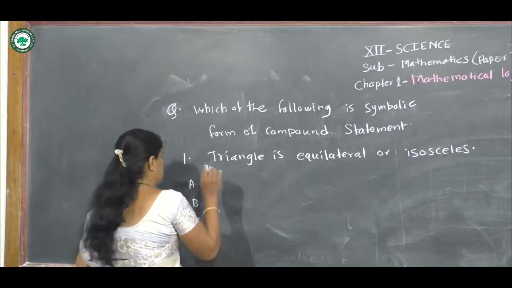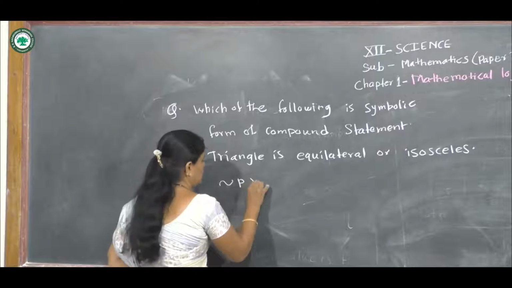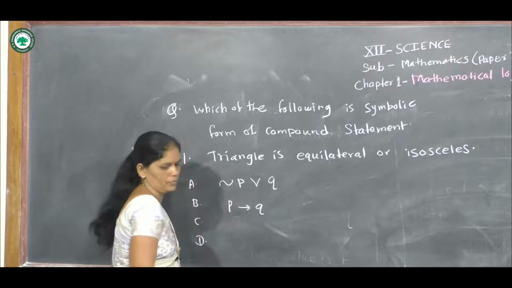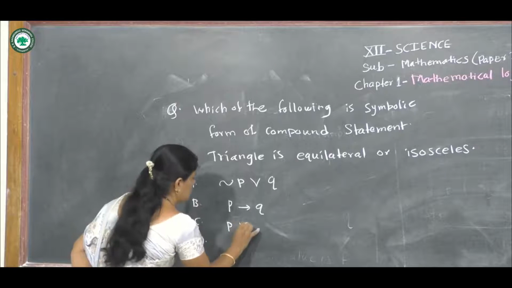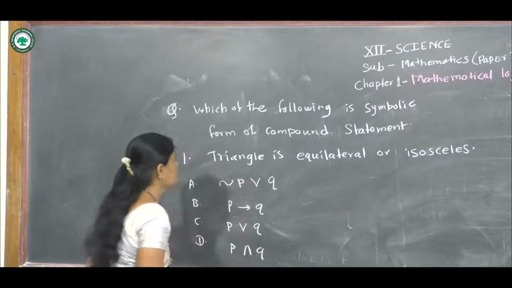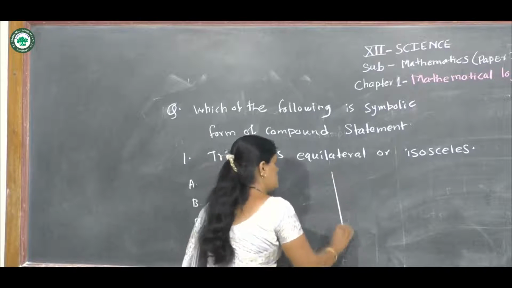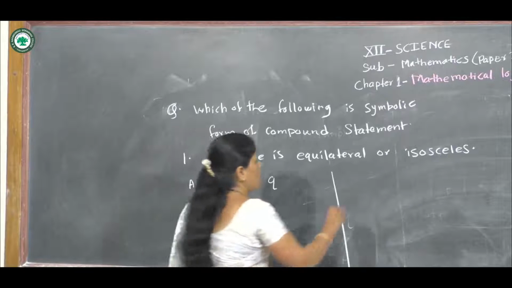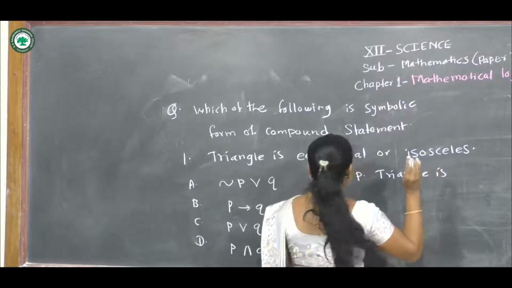The options are: negation of P, P implies Q, P or Q, and P and Q. Let us see this example. Triangle is equilateral or isosceles. P is: triangle is equilateral.